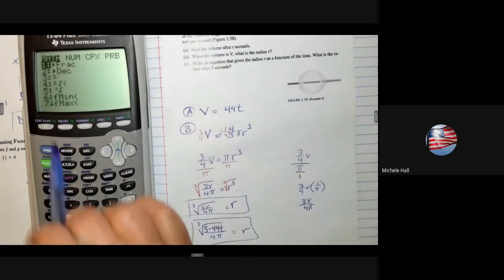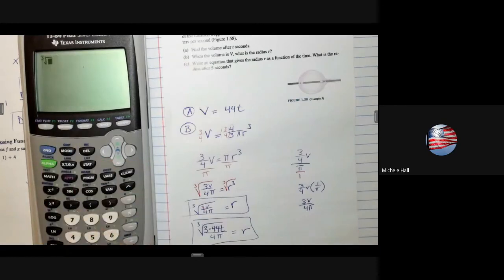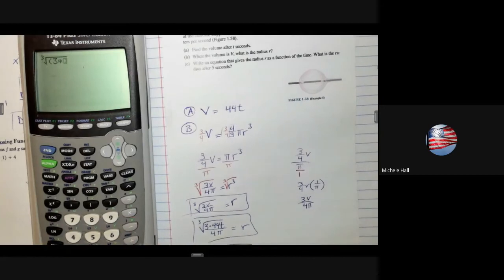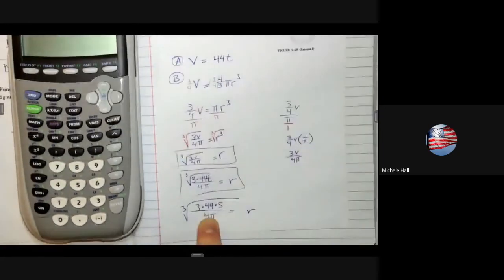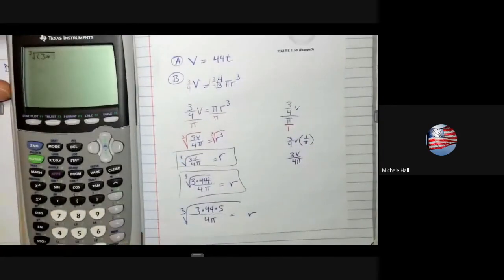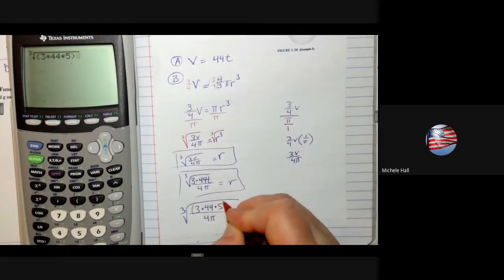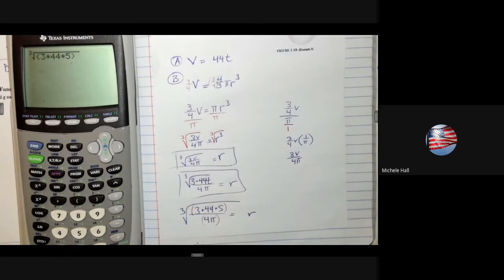We have the cube root of parentheses 3 times 44 times 5, and I'm going to close that parentheses, so I'm putting parentheses here to keep it grouped together and here to keep them grouped together.